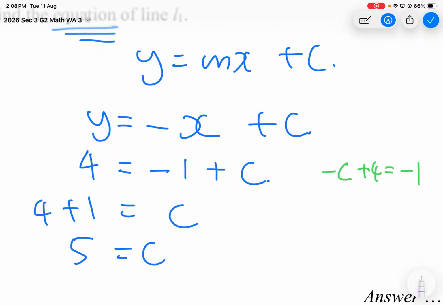Do one thing at a time. C come over here, become minus C. Then my plus 4 go over, become minus 4. Minus C will be equals to minus 5. C will be equals to 5. Like that also correct.